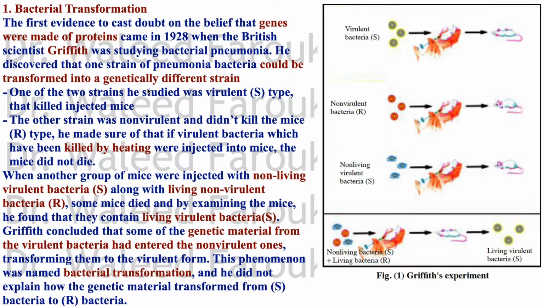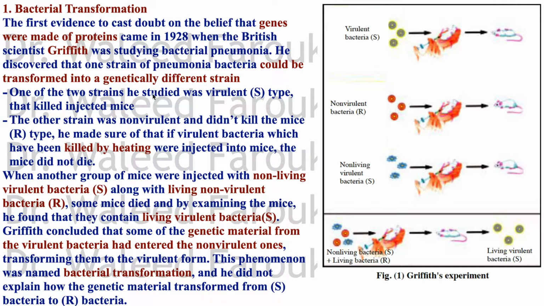Bacterial transformation: a scientist named Griffith studied the bacteria pneumonia, and he had different strains of the bacteria that could be transformed into genetically different strains.